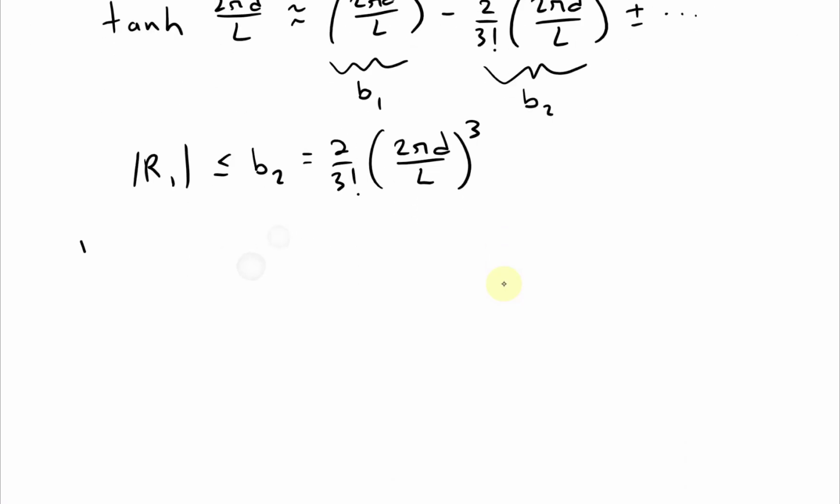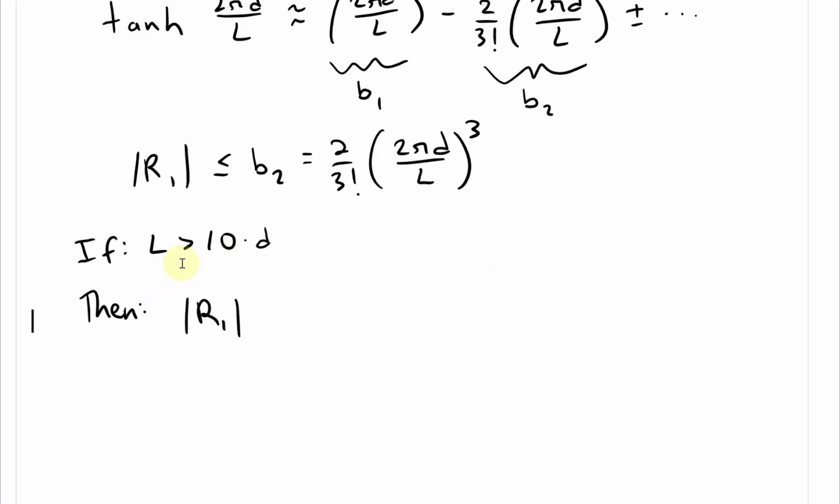If L is greater than 10 times D, then the remainder of using the first term, R1, is going to be less than, because if L is greater than 10 times D, then this number is going to be larger than this value. And the larger the value, because you're dividing by it, the smaller this overall term gets.